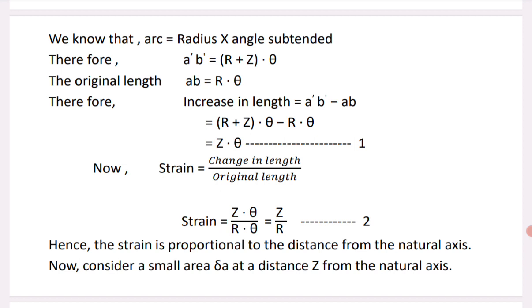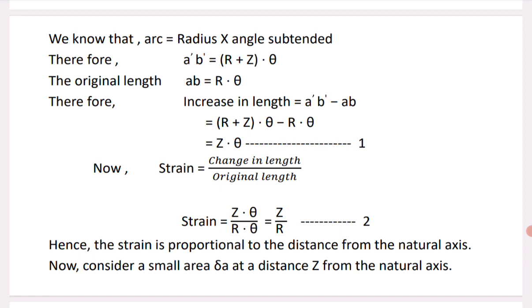By the basic definition, we know that strain is equal to change in length by original length. Then strain is equal to the change in length Z theta by the original length R theta, where theta cancels out. Then this is equal to Z by R. Let this be equation number 2. Hence, the strain is proportional to the distance from the neutral axis.